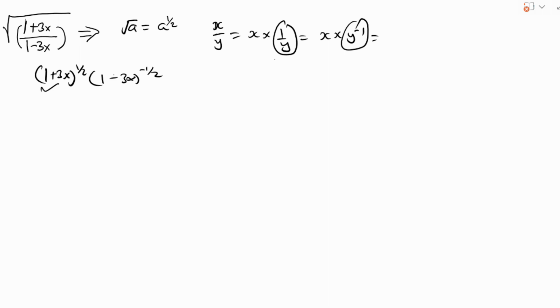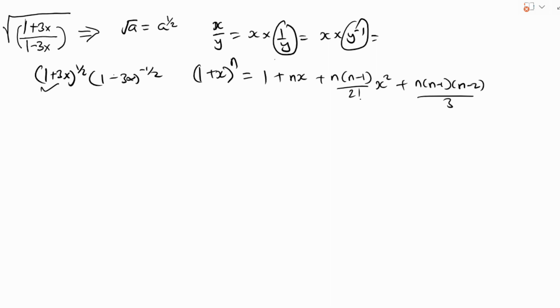I'm going to use the binomial series for an expression of this form, (1 plus x) power n, which if you expand using the binomial series equals 1 plus nx plus n(n minus 1) divided by factorial 2 x power 2 plus n(n minus 1)(n minus 2) over factorial 3 x power 3 and so on.